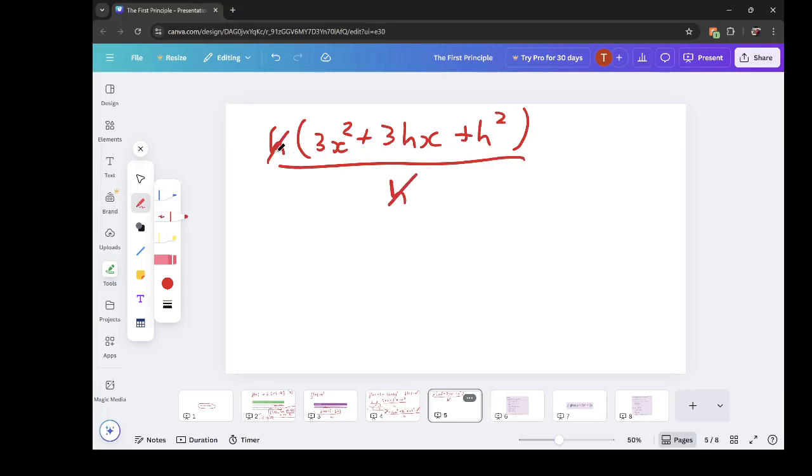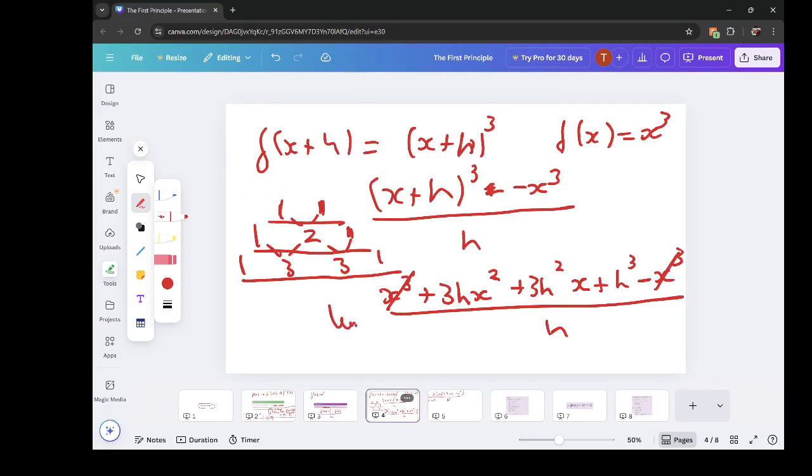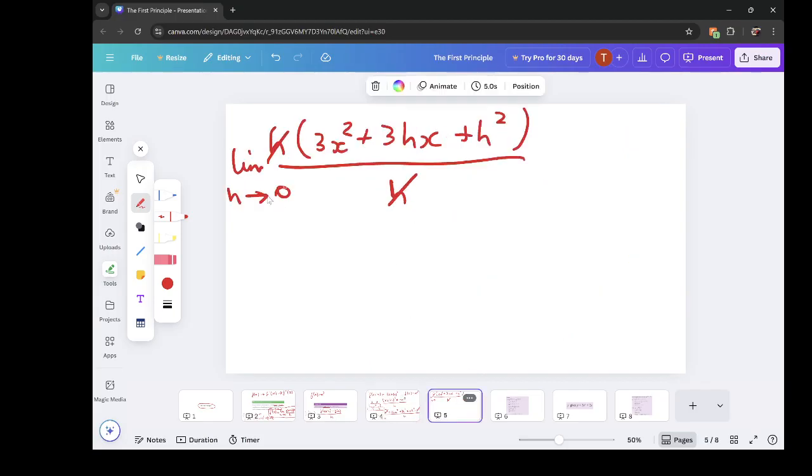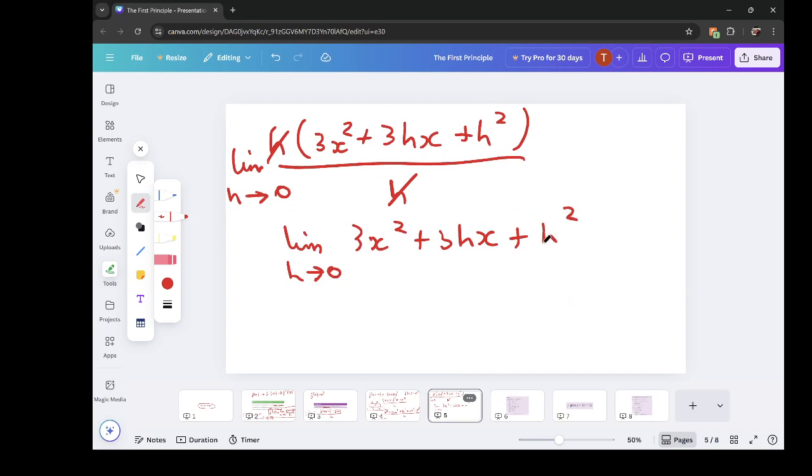And this obviously cancels out. And now you get the limit. Sorry, I'm supposed to write lim h approaches 0, but I haven't been. Let me just write that in quick. As limit h approaches 0 of 3x squared plus 3h of x plus h squared.